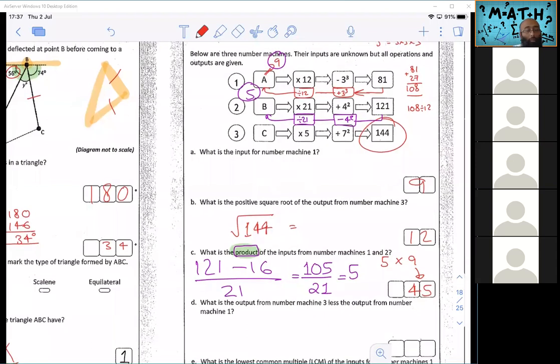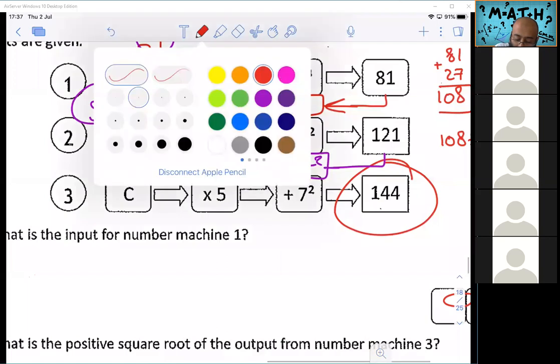Read question D for me, please. D. What is the output from number machine 3 less the output from number machine 1? Okay, so now we've got to work out 3, and then minus the 1 from number 1. So let's reverse it now.